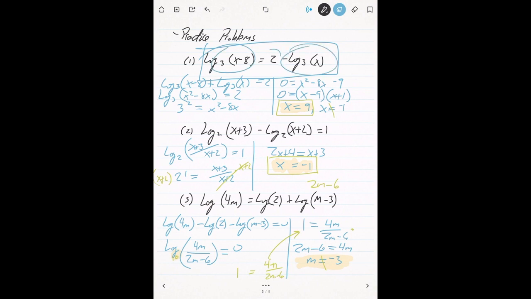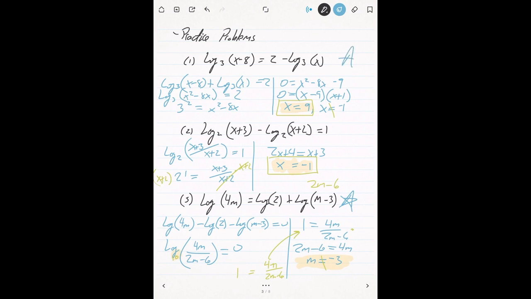But notice here, I got a 2 thrown in, right? I got a specific constant. So the property really wouldn't work for that. I'd have to manipulate this even more. So really, try to be careful when using it, okay? It only works when you have an all logarithmic expression.